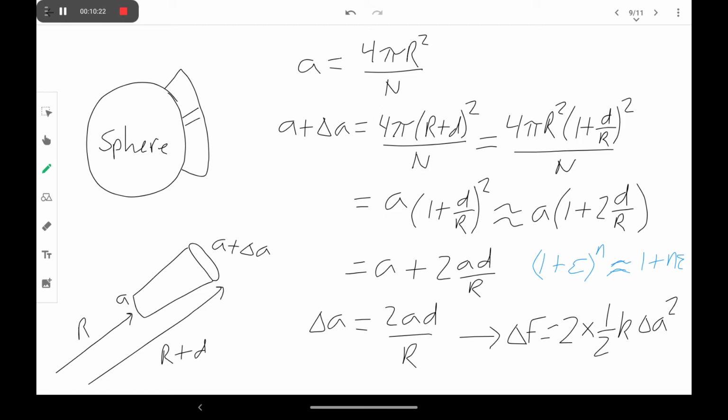There are other terms in the series expansion, but we can ignore them.